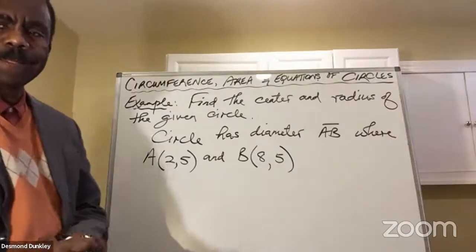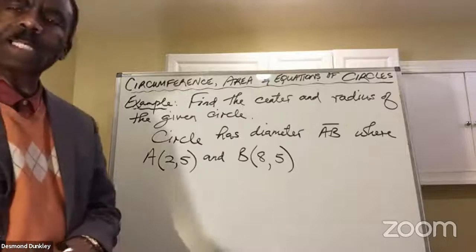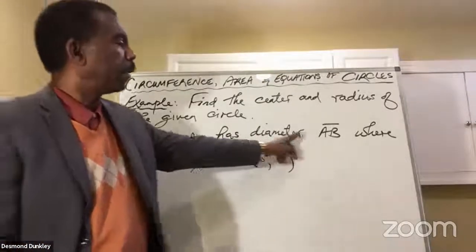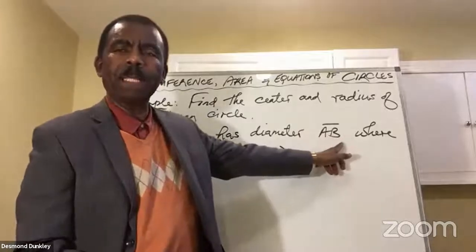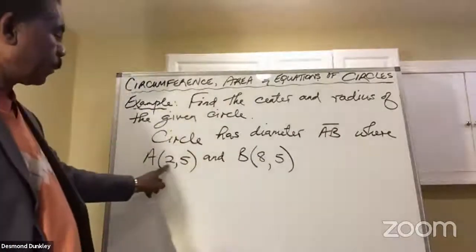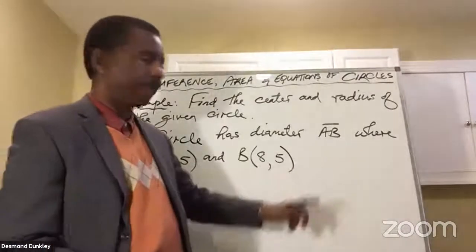Okay, so let's look at this here. You're told that the circle has diameter as a line segment AB, that is from A to B, where A is the point (2, 5) and B is the point (8, 5).